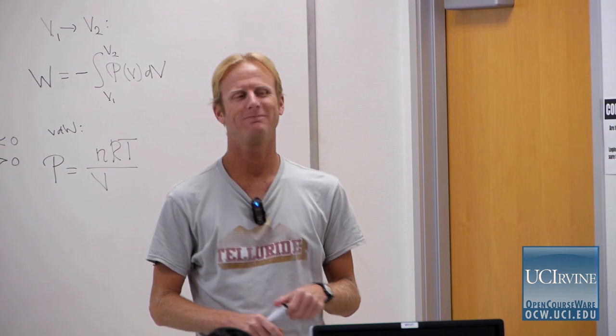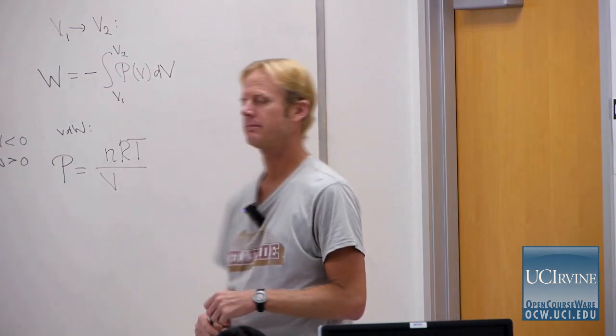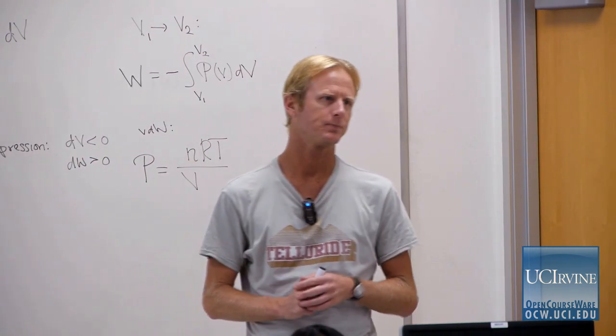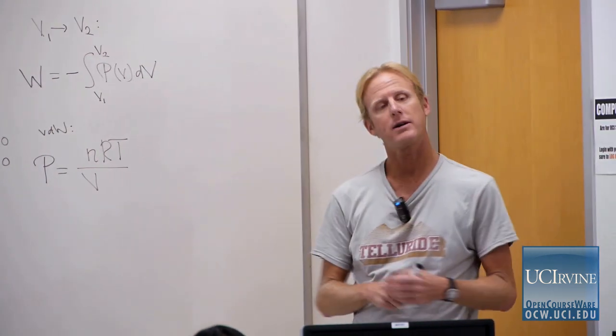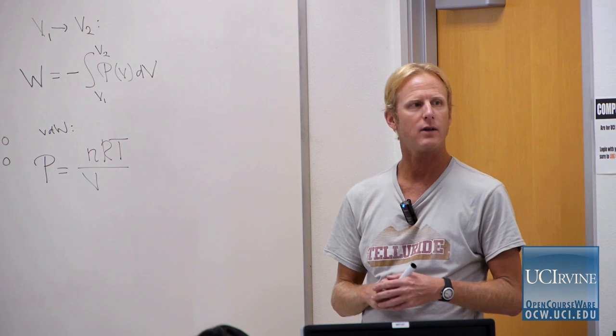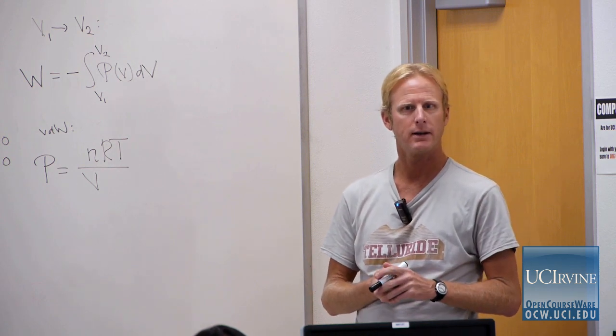Okay, I'll remind you. First of all, it says gas molecules have a finite size. So the volume that appears in the equation of state needs to be reduced from the container volume, because not all the volume is accessible to the gas molecules.